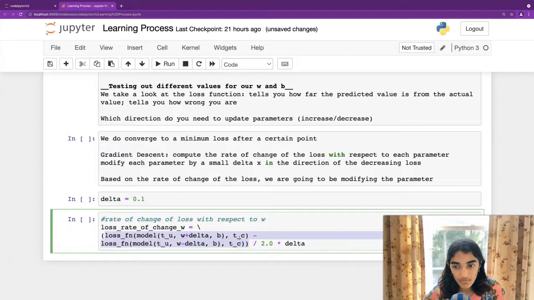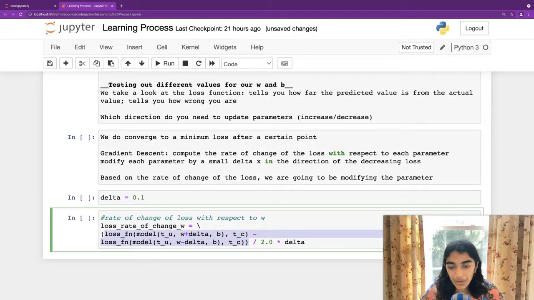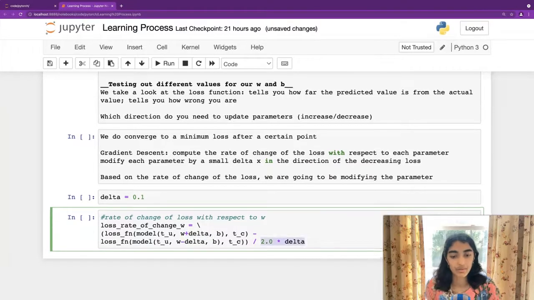And we have our delta. We have our w, which we're changing by delta. So that's going to be our change in x. And so we're going up delta and we're going down delta. So we have two deltas that we've got to deal with. And that's what we're dividing.